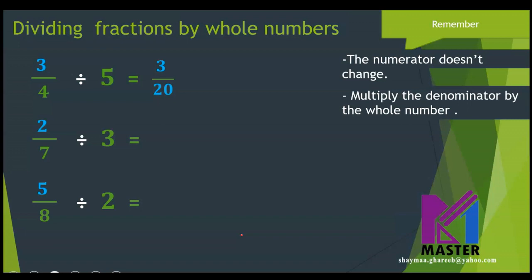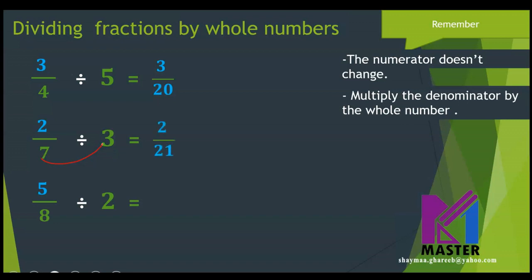The second example, 2/7 divided by 3. So the 2 will stay as it is as a numerator, and the number in the denominator will be the product of these two numbers. So it will be 2 over 21.